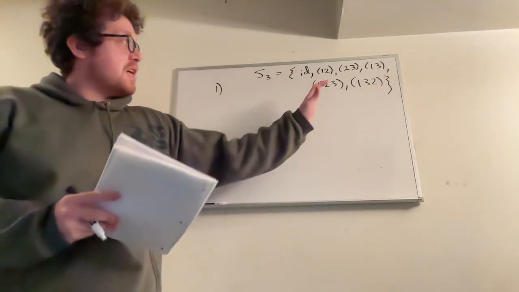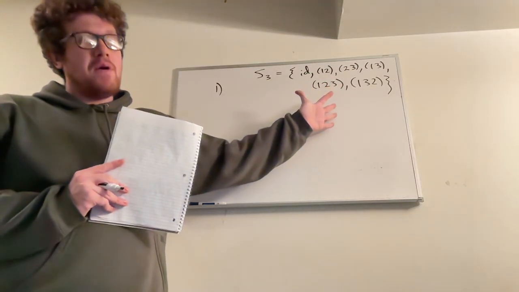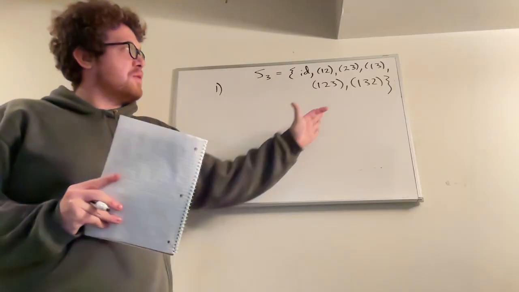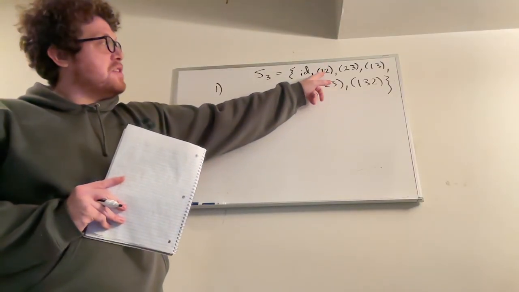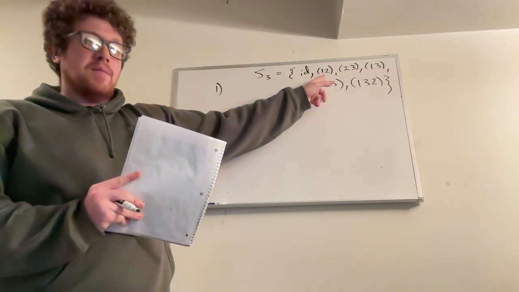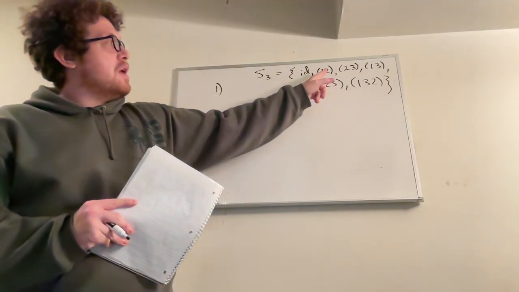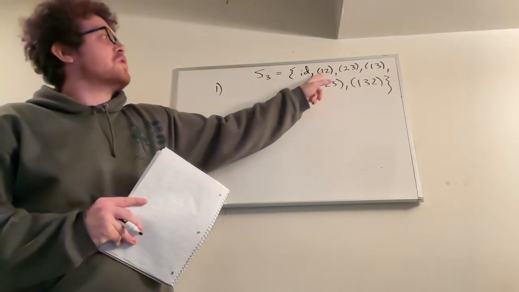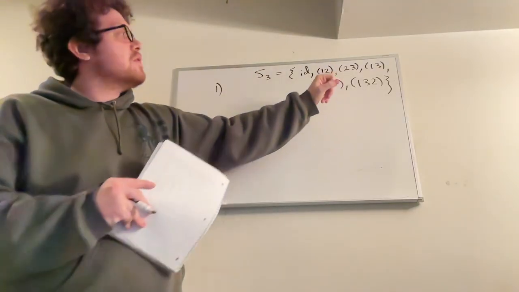We haven't really talked about cycle decomposition notation, but it's kind of straightforward, so I would look it up on Wikipedia if you're a little confused. The cycle notation is sort of like the other permutation notation, except this is a little bit simpler. It just tells you where every element goes in a cycle. So 1 goes to 2 here, 2 goes to 1, 3 is not listed, so it goes to itself.